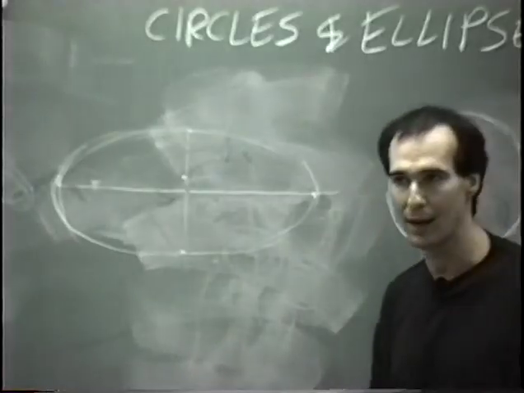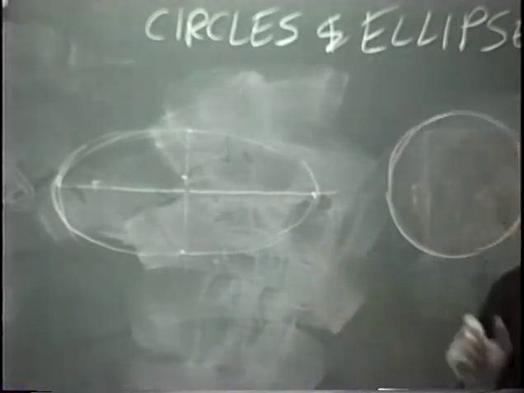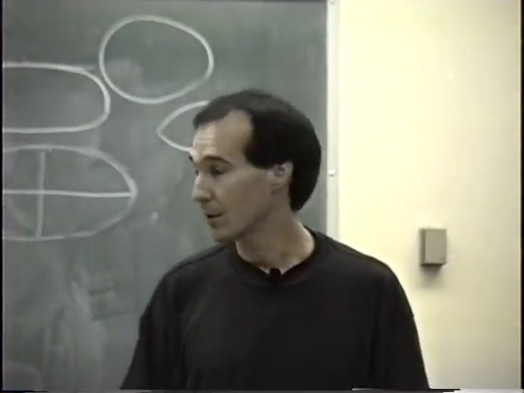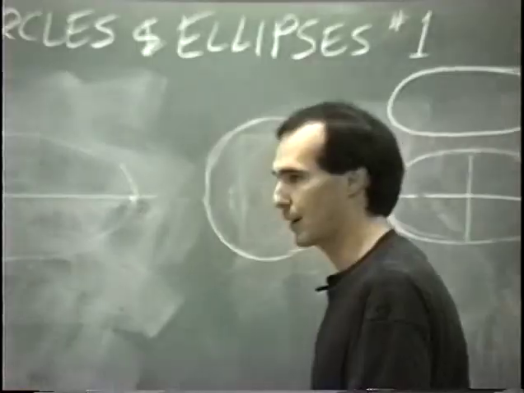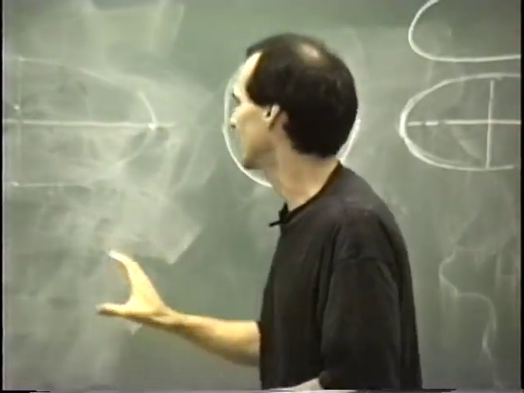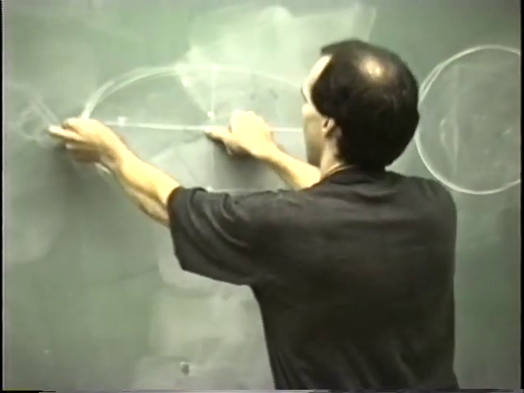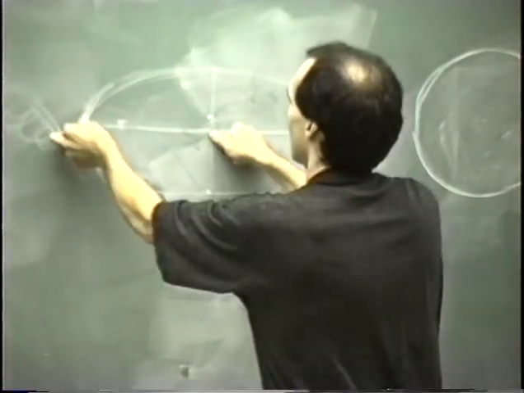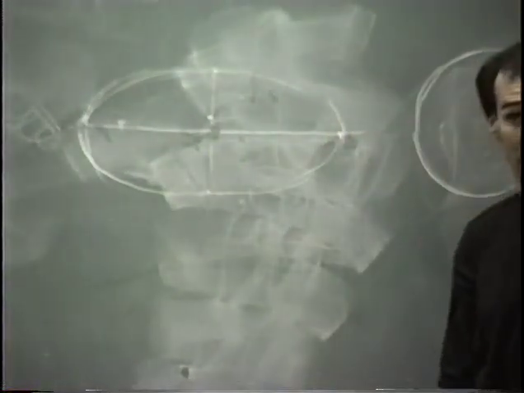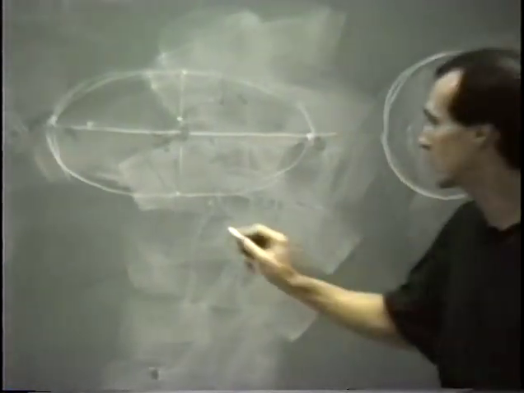And the way you do that, if you're on a desert island and you've got to construct an ellipse, there is a way to do this. I don't know whether I ought to bother to take the time to do it here. I will after the lecture if you need. There's a way you can take a piece of paper, measure that, and then start one way, and you can pull this down and make a perfect quarter of an ellipse with a piece of paper with tick marks on it.